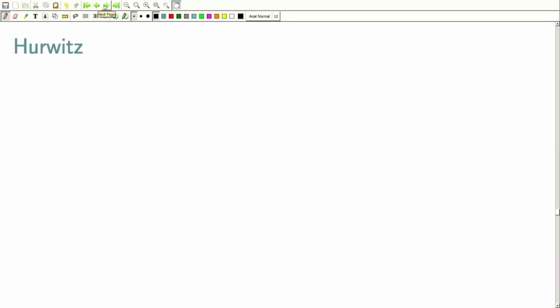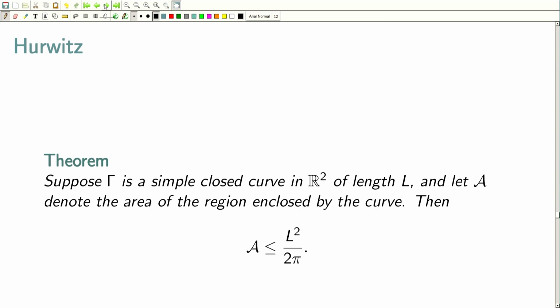Okay. So, now there comes Hurwitz. What was his proof of the theorem? The theorem of Hurwitz says precisely that suppose gamma is a simple closed curve in R 2 of length L, and let A denote the area of the region enclosed by the curve.